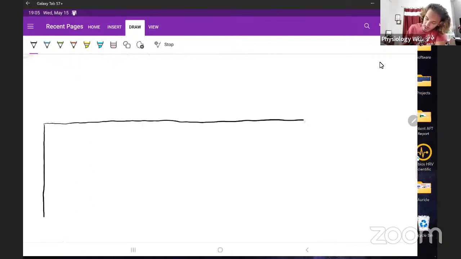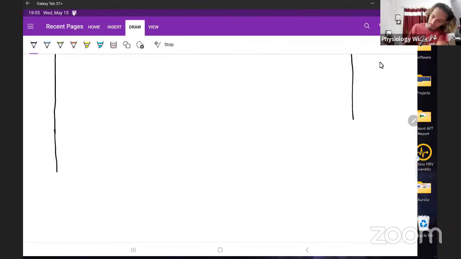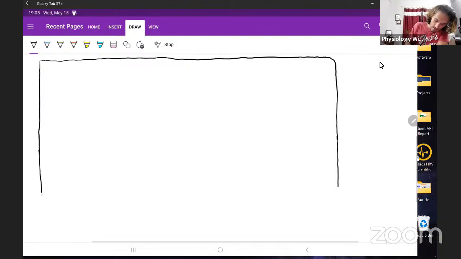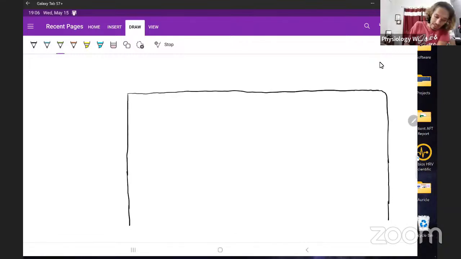We'll start off with your beta cell, which is around 60% of your endocrine pancreatic cells. Okay, the majority is beta cells.